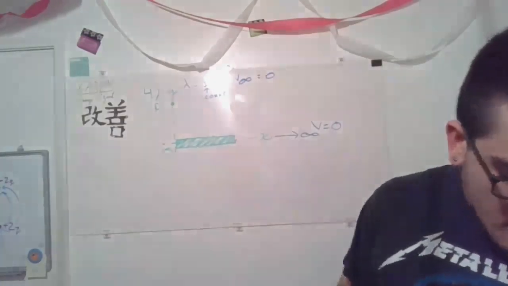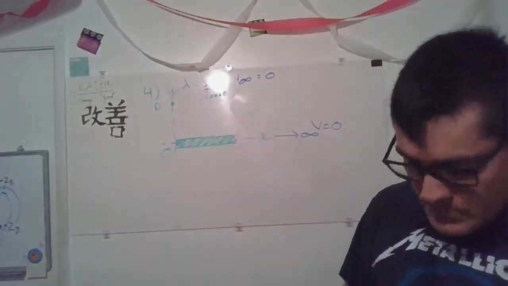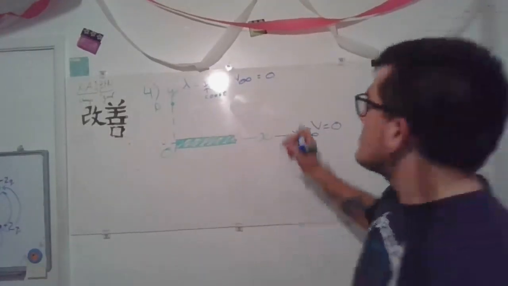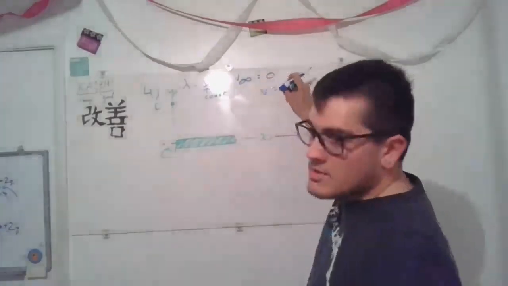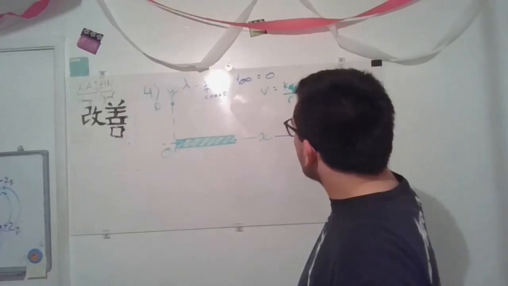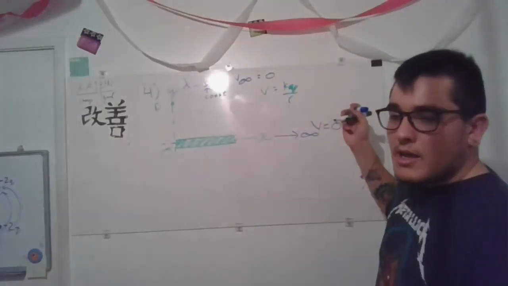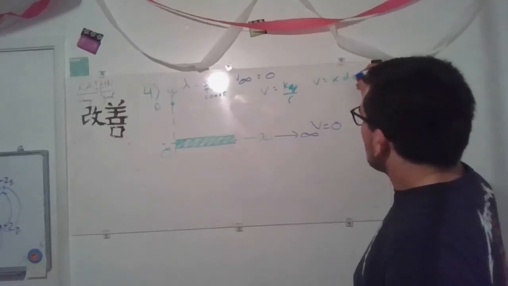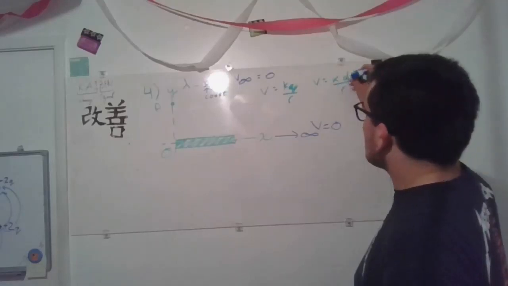So here you're going to want to take the potential, and the potential for a point charge is written as kq over r. So for a charge distribution, it's going to be V equals the integral of k dq over r.